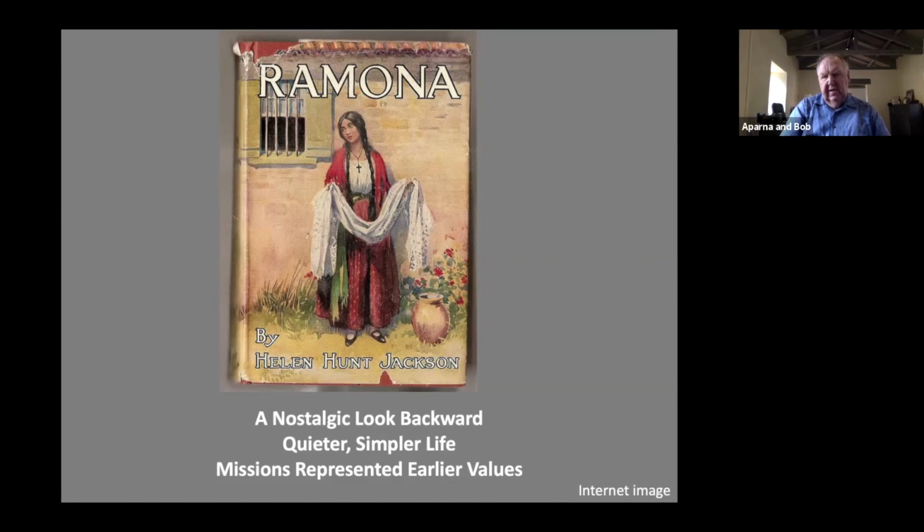This fantasy described the era where the Indians and the Mexicans lived harmoniously, often in these big Spanish haciendas on large ranches. And people reading that longed for this quieter, simpler life. They were already feeling the pinch of industrialization on their earlier values. And this was represented well by the haciendas and by the old missions.